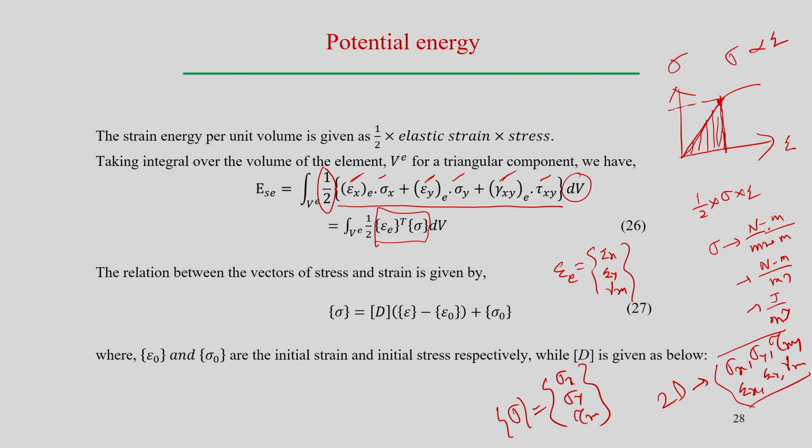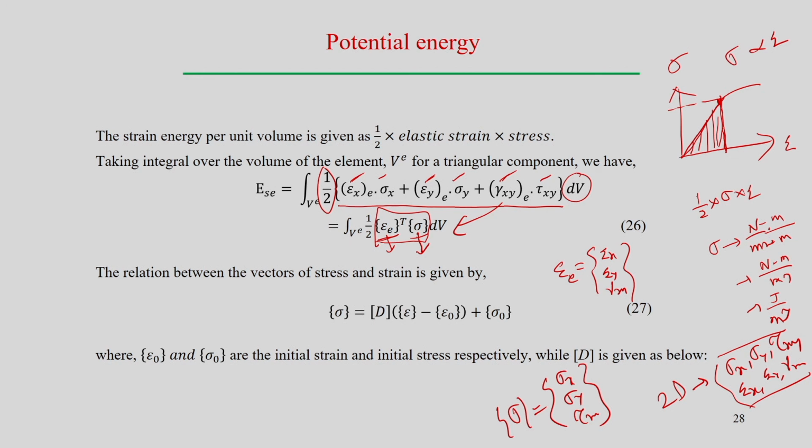Epsilon E indicates the strain for a particular element. Then strain into half into dV, integrated over the volume, indicates the total strain energy of this particular element.